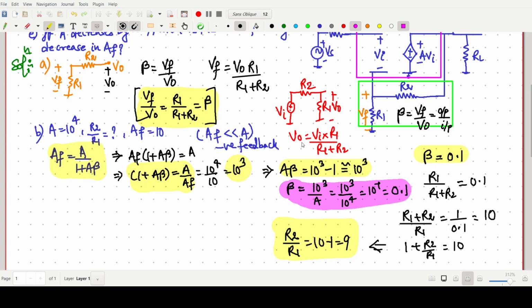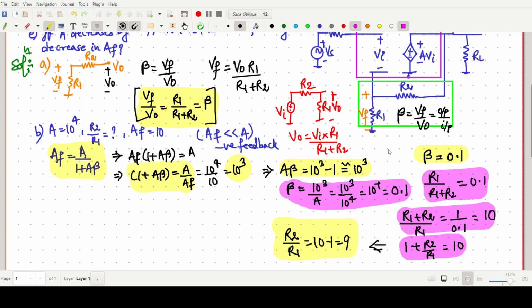Then beta is R1 by R1 plus R2. We have written this again, then we just reverse the terms, and we can easily write R2 by R1 as 9. So this one is the value of R2 by R1. The beta value is 0.1, and the other one we can calculate.